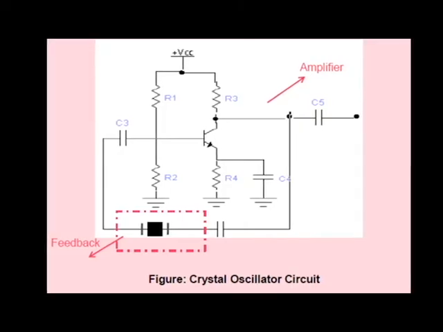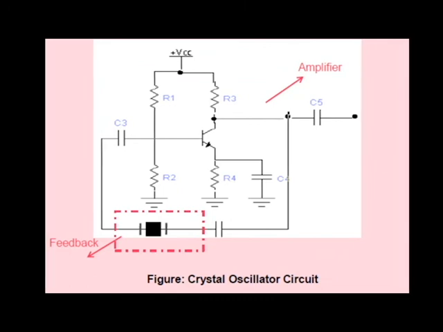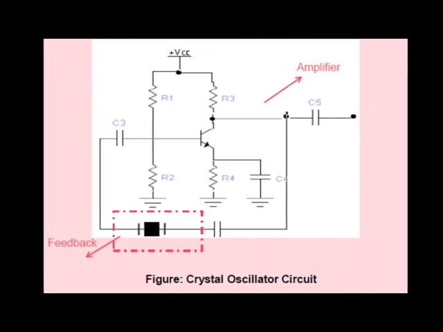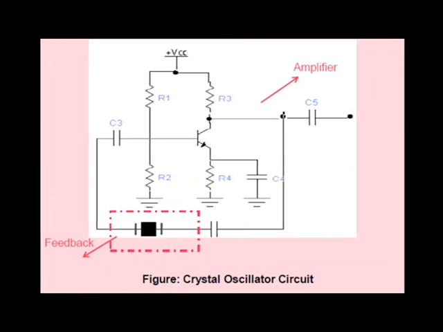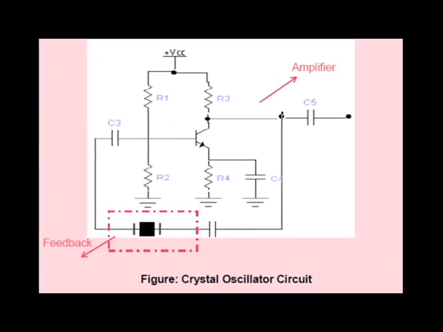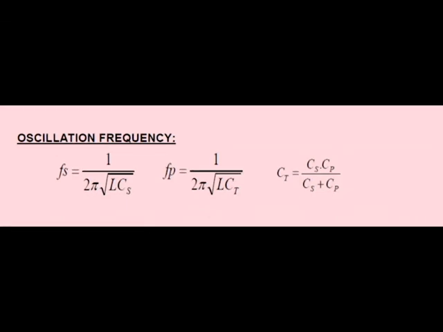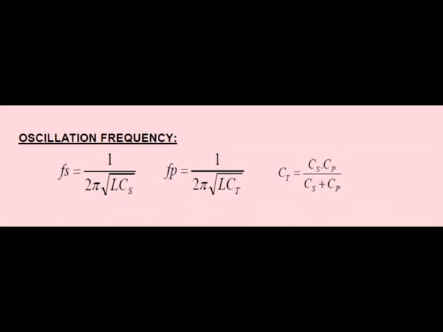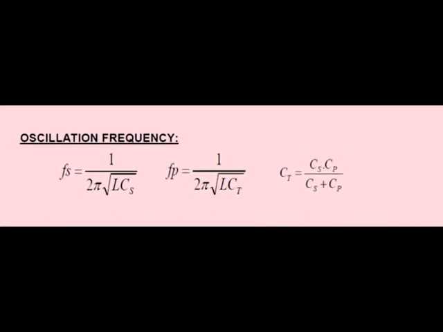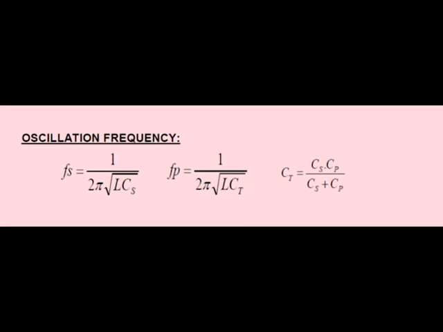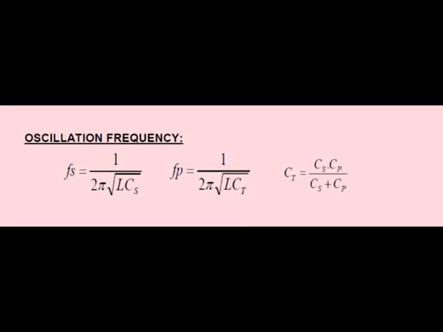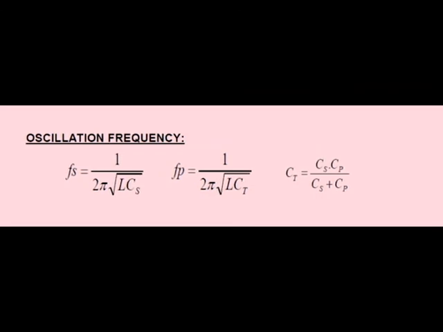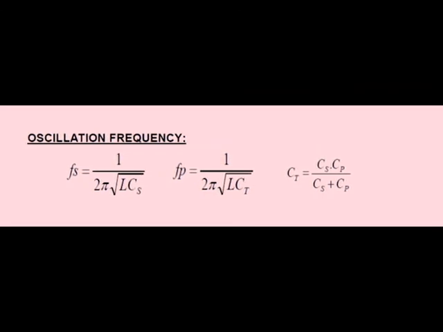And this is a crystal circuit, so you can see in feedback that is a quartz crystal. For the formula, crystal has two formulas, Fs and Fp. Fs is for series resonance and Fp is for parallel resonance. So those are the formulas, and we have a formula for C total.